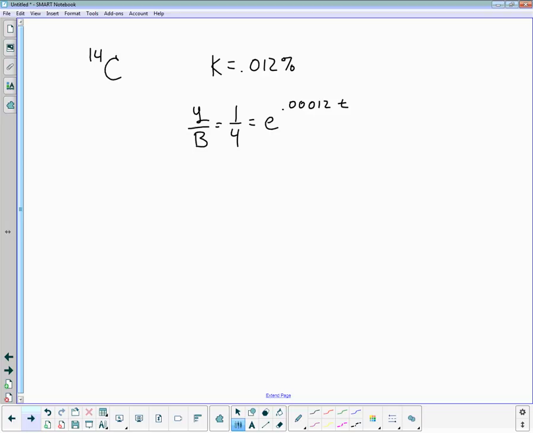Sometimes, depending upon who your teacher is or what your textbook is, they'll say, "Oh, this is a decay problem, so I'm going to make my proportionality constant negative artificially." And what that would do is, now if we solve this problem, you wind up with negative 11,552.